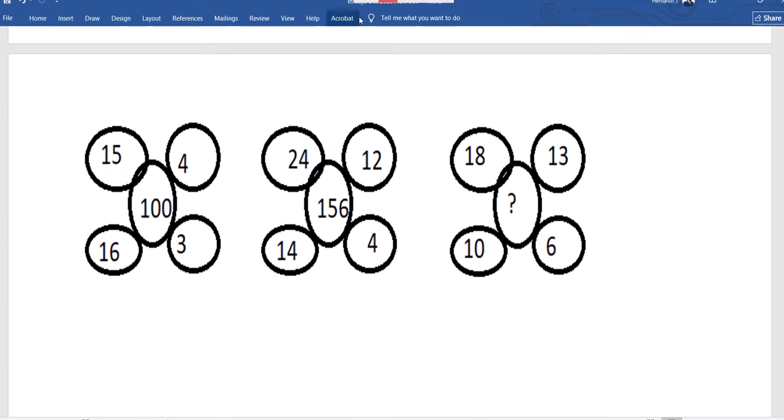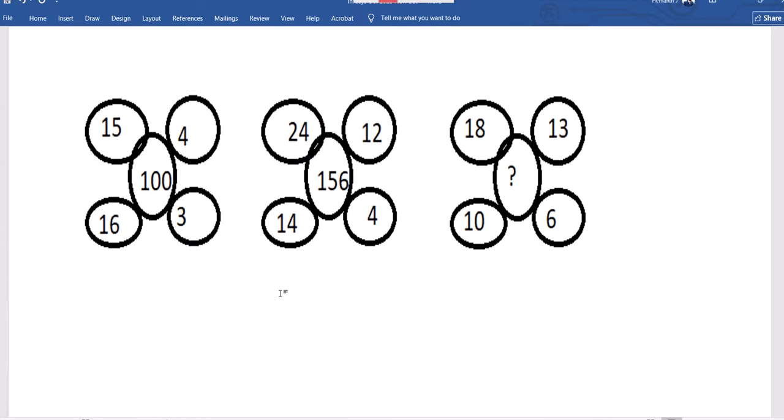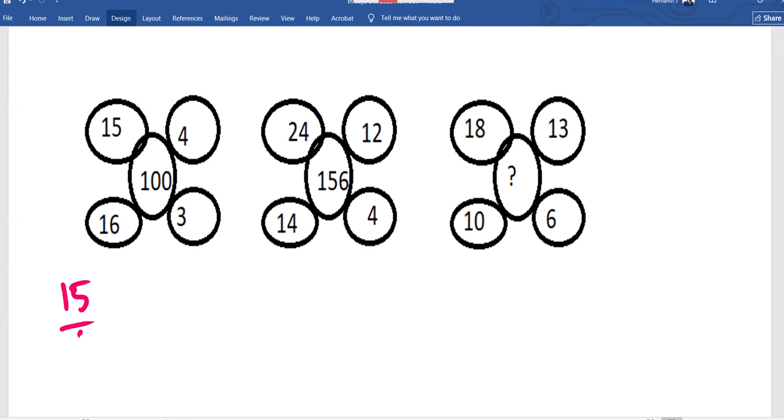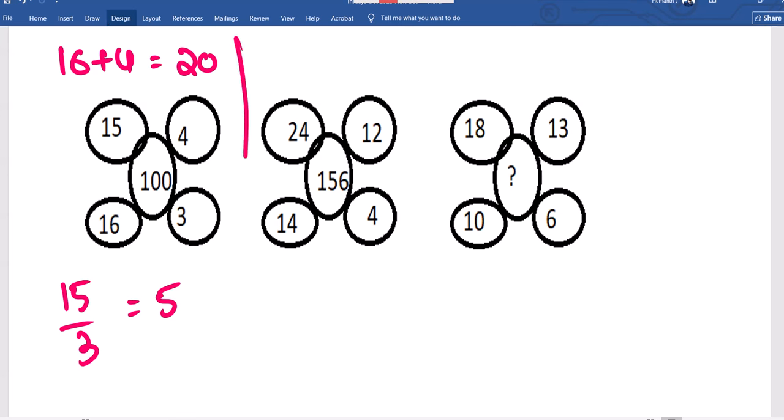Now see the puzzle. New logic, new question. What is 15 divided by 3? 5. What is 16 plus 4? 20.